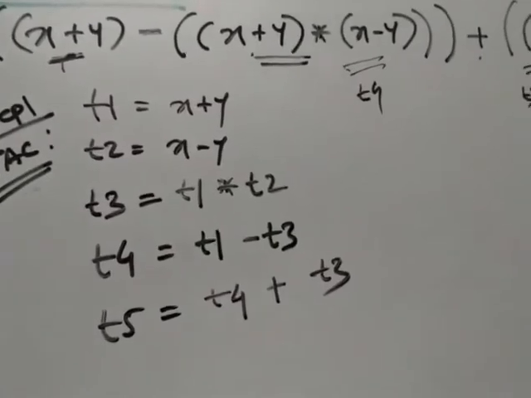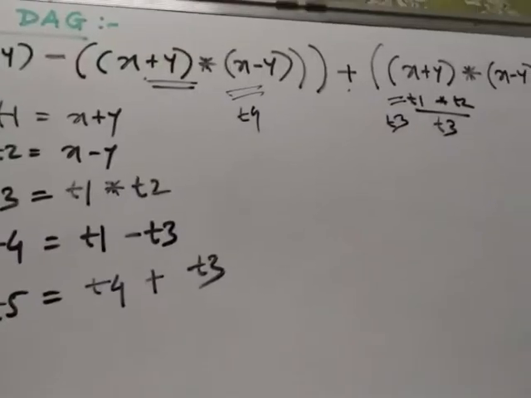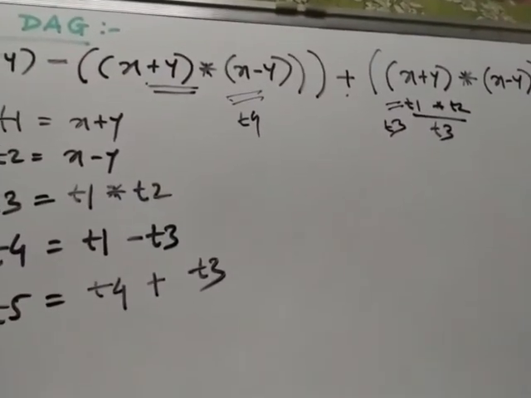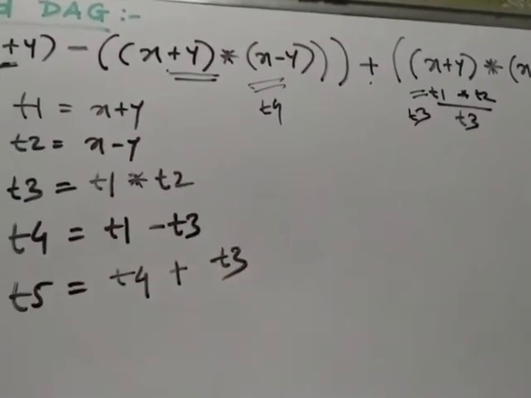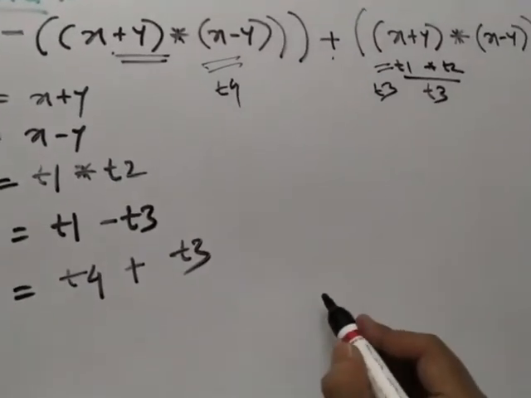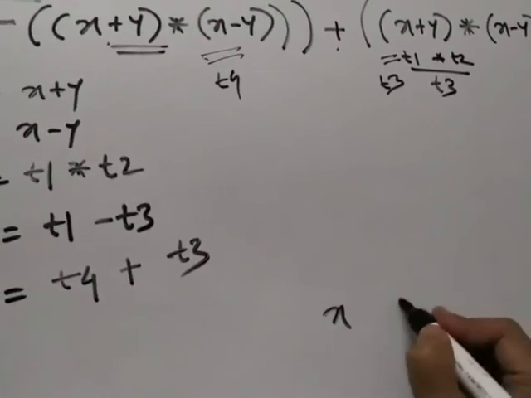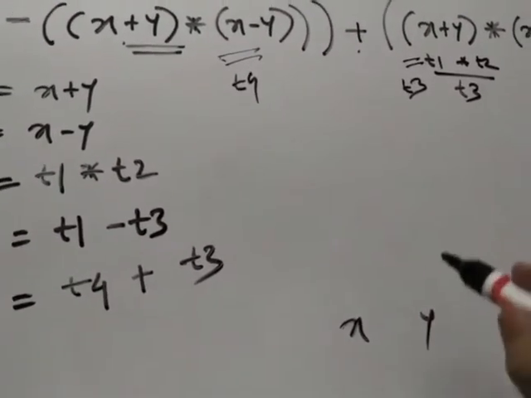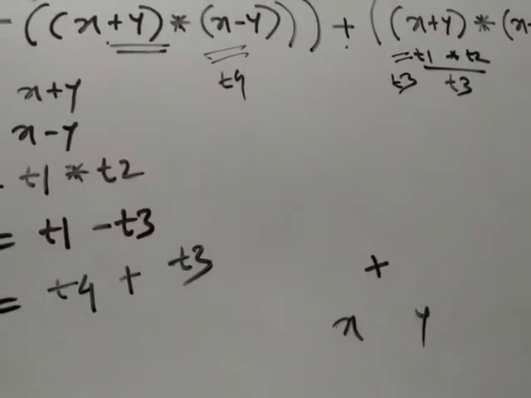Next we will see how to draw the DAG. Now we will draw the DAG for this created three address code. So just represent x plus y. x and y are there, and this x and y are added together.